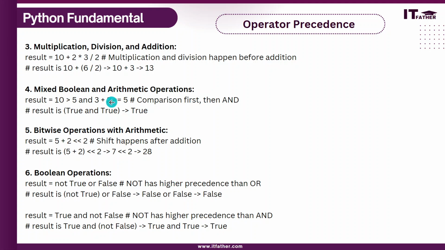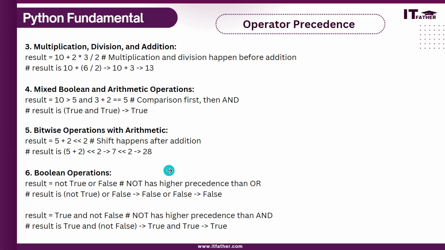That is why it will give the output true, right? Comparison comes first, and then AND. The result is true and true. True is the result because it is also comparing with double equal sign to 5.